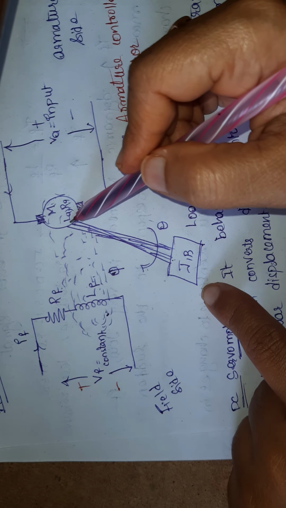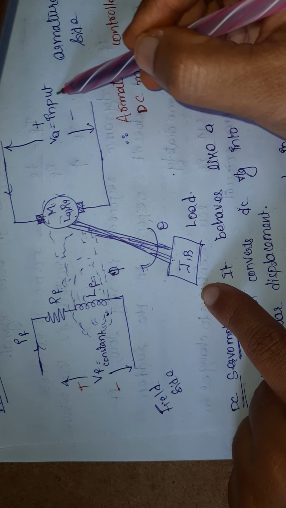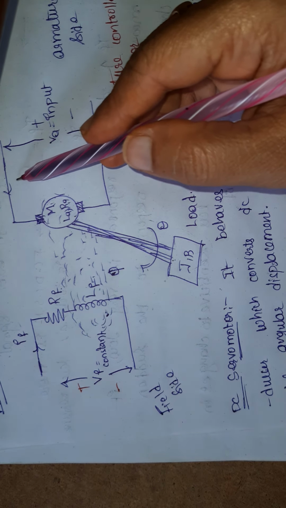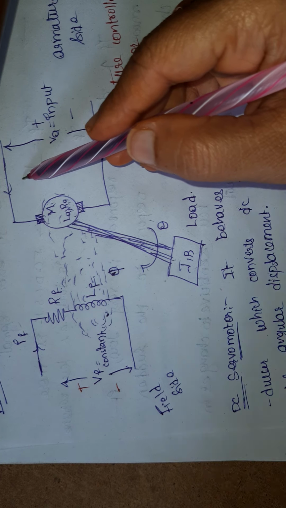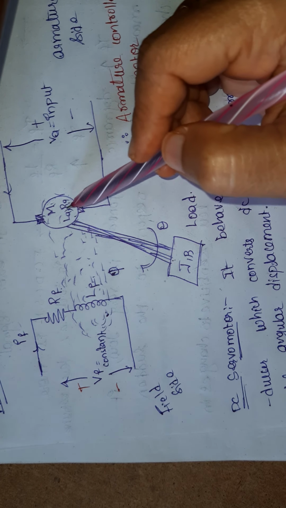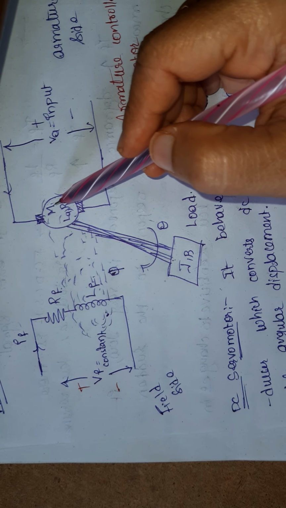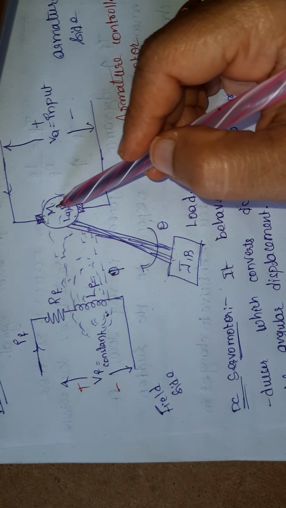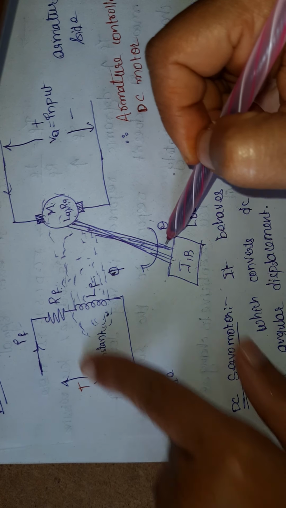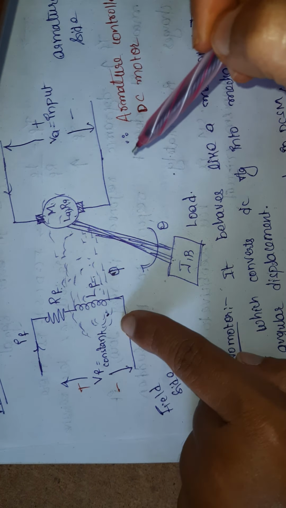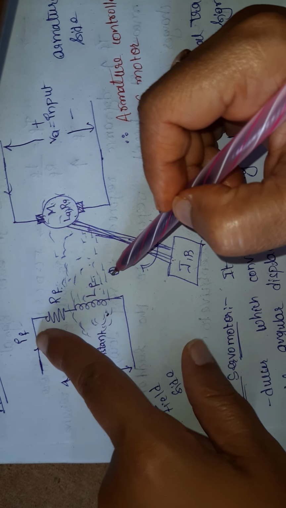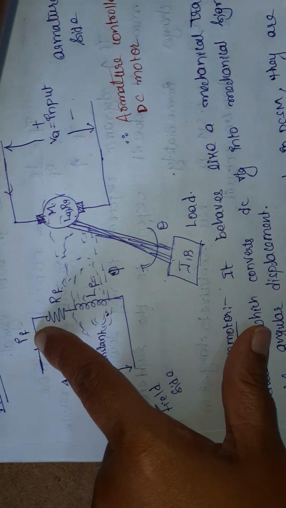It depends upon the value of VA. If VA is going on increasing, then current IA will increase. If IA is increasing, the interaction of these flux lines with the motor goes on increasing, and then the speed will increase. So from this figure I can conclude that the flux lines which are forming from the LF are directly proportional to the current IF.